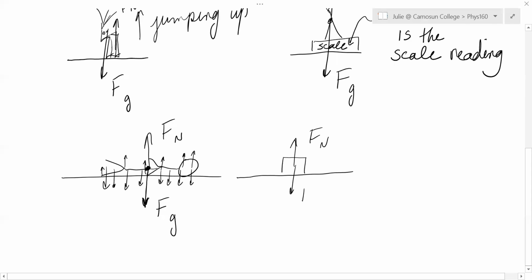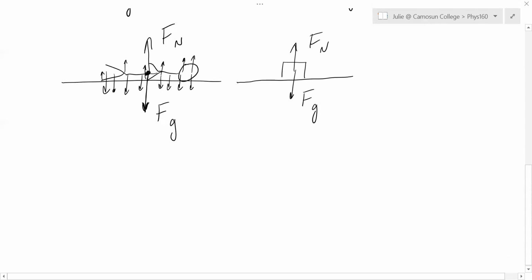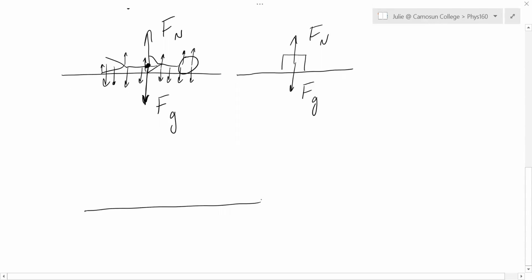And if you were lying on a bathroom scale, that normal force would be the reading on the scale. But if we're not lying flat like that, what if we were lying on a stack of books here and here, and we had to really use our core to support our body like this? And that'd be pretty tough.